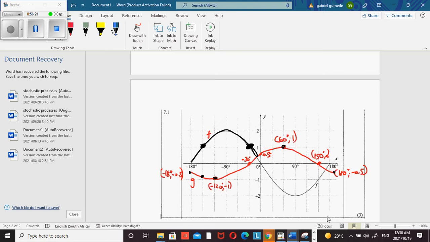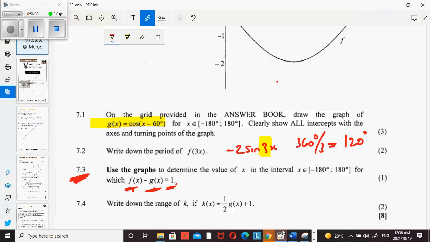But here you can see at this point, g is equal to 0. So if I say 1 minus 0, I'm going to get 1, which is what the examiner is looking for. So you can see that happens when x is equal to minus 30. All right, so you're going to give your answer here: x is equal to minus 30 degrees.